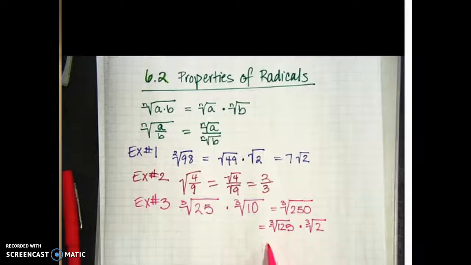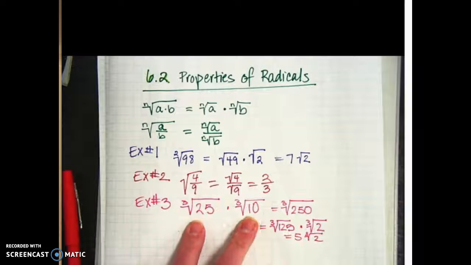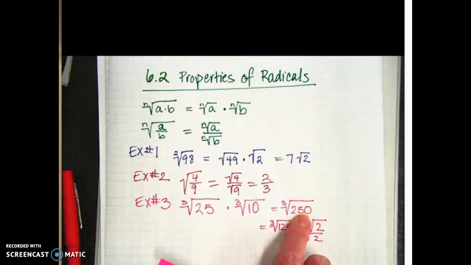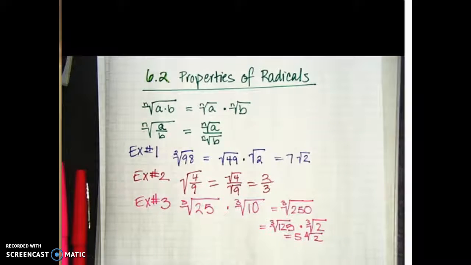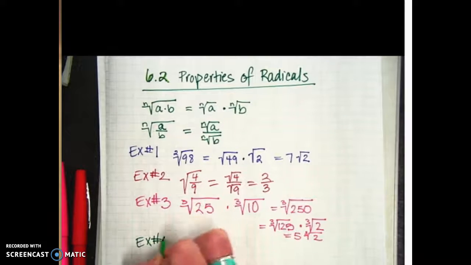So I can take the cube root of 125, it's 5, and then the cube root of 2 does not simplify. So we can't do anything with it in this form, but once we multiply it out, then we can simplify. Any questions on example 3? All right. Example 4.